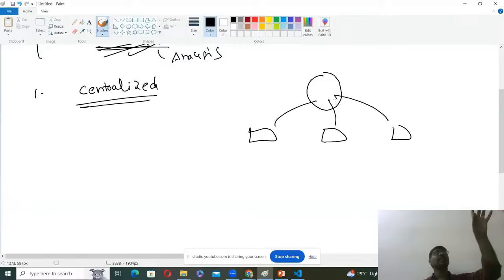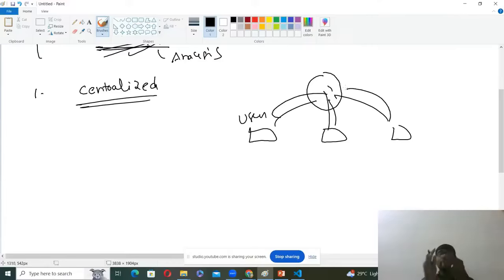So only one database is there, everyone interacts with this one. But what is the problem? For example, user 1 stores the information, user 2, user 3. Suppose user 1's name is Raju, user 2's name is also Raju, it makes a conflict.